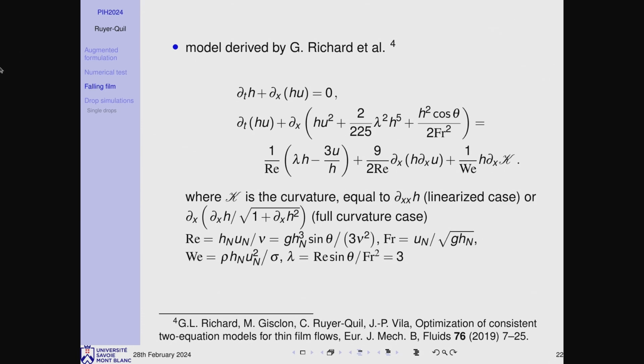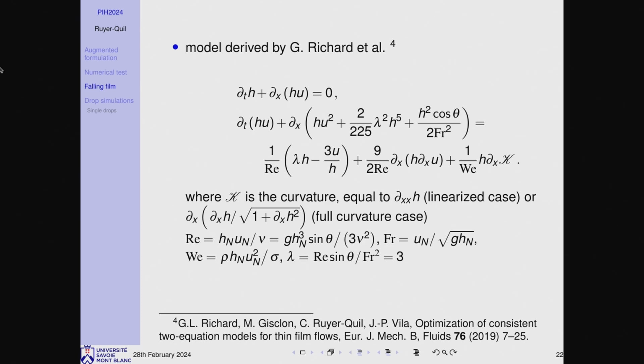The main difference from what we have previously done is that here we also include the effect of viscosity. First, the viscous drag at the wall, and second, the viscous diffusion terms.